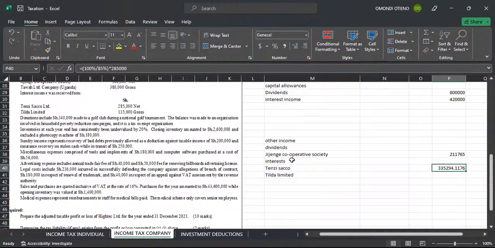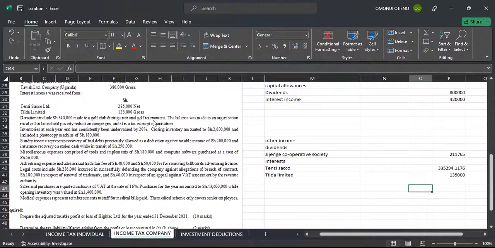Then Tilda Limited, they were just trying to confuse you there. Interest from Tilda Limited, we take the full amount, because you've been given the gross value, we transfer it as it is. We transfer the entire amount of 135,000, and that's what we have there.